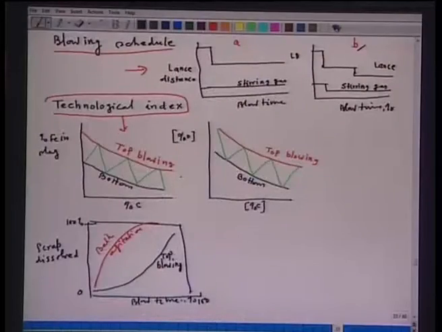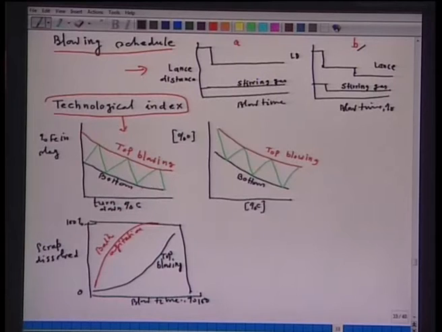Now, one technological index is percentage iron in slag. If it is plotted against turn down percent carbon, then for top blowing, for any turn down percentage carbon, the total iron in the slag is much higher compared with pure bottom blowing.